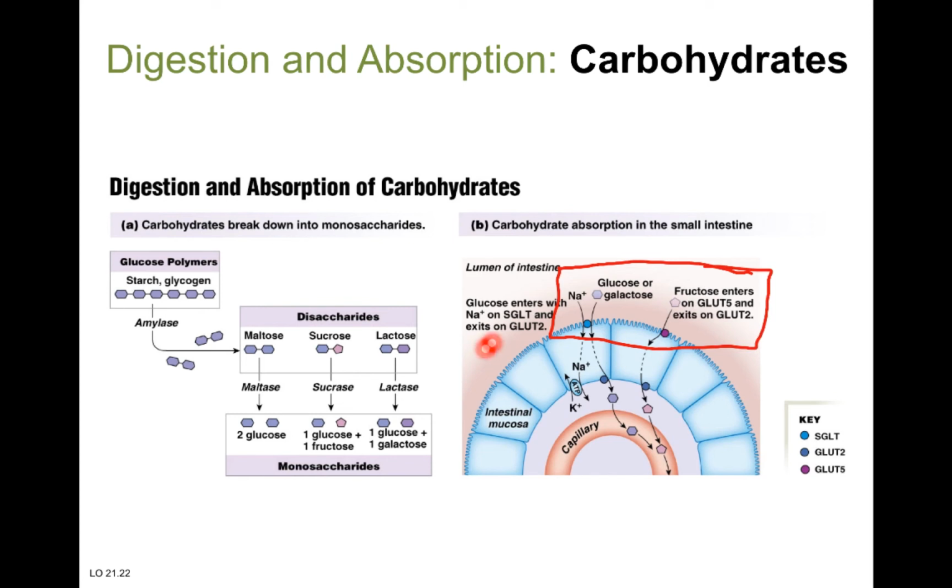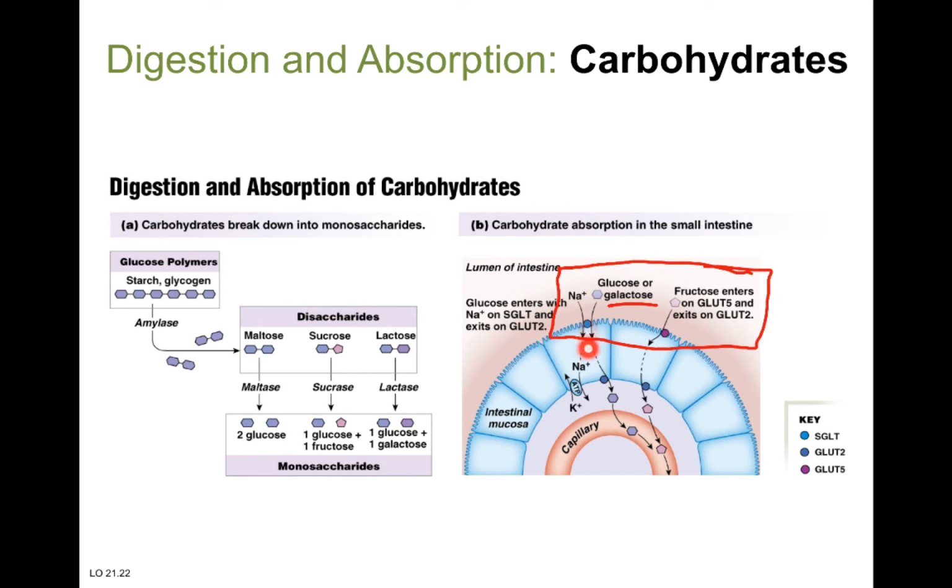So we've got the small intestine here, enterocytes. Now we've got the capillary network of the villi. When it comes to carbohydrates, glucose and galactose, which we'll cover in the next chapter, chapter 4, are absorbed across the enterocytes through a sodium transporter.